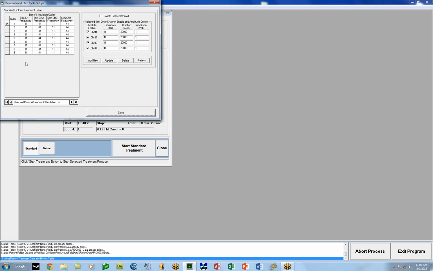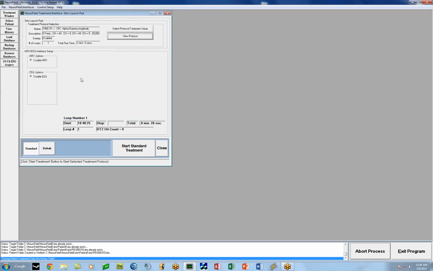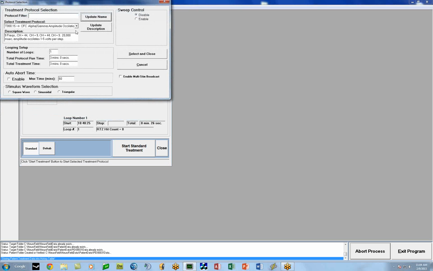It actually gives 20 seconds for each stim cycle, so it's a longer pulse. It tends to have a good effect, though. So again, these are hot off the press, folks. I have more experience with the delta gamma, alpha gamma than most of these other ones, although we have been using the D-tag on people.